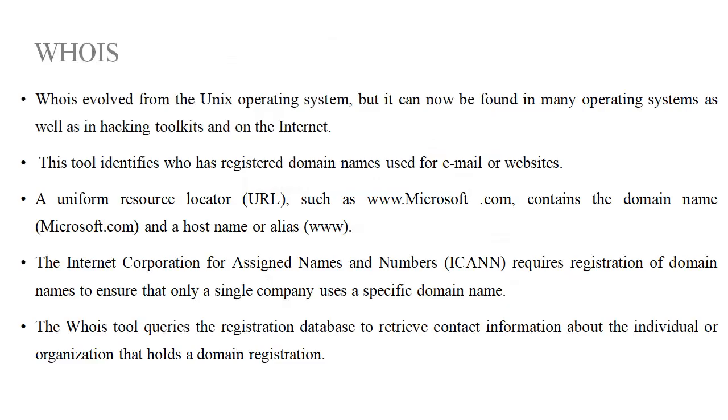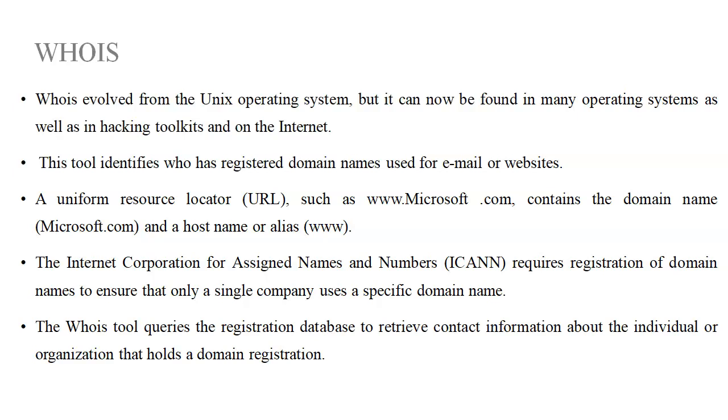Whois evolved from the Unix operating system, but it can now be found in many operating systems as well as in hacking toolkits and on the internet. This tool identifies who has registered domain names used for email or websites.